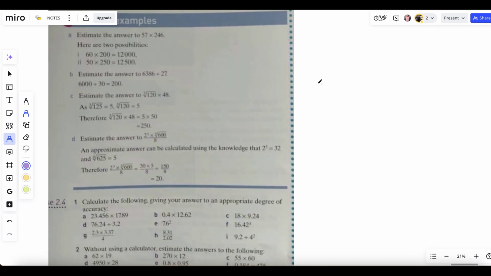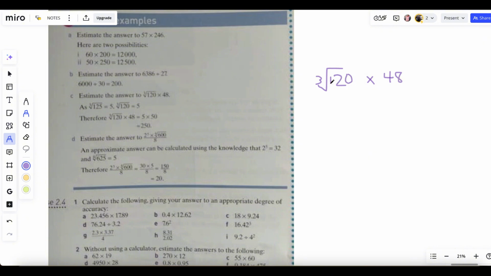Now if they give you the cube root of 120 times 48 and ask you to estimate. Since it's estimation, you'll be getting a decimal if you find the cube root of 120.